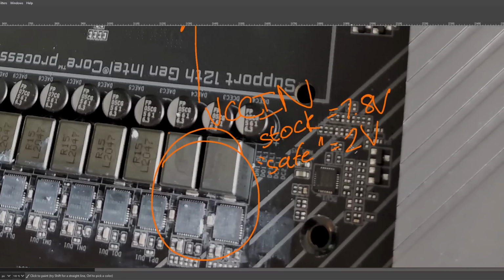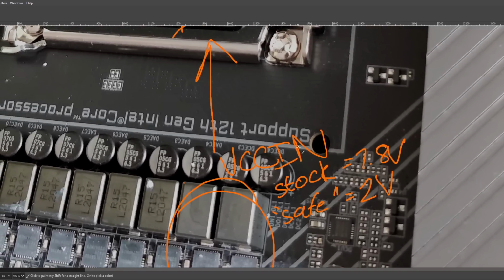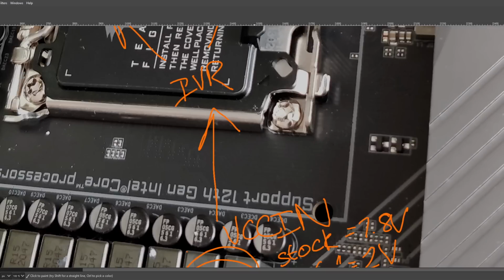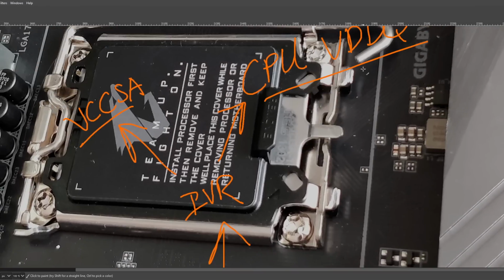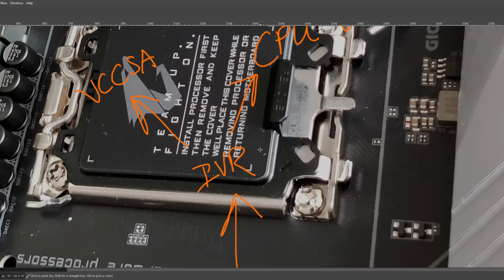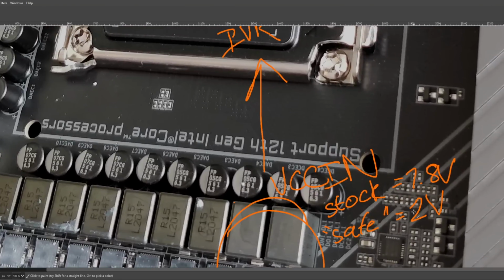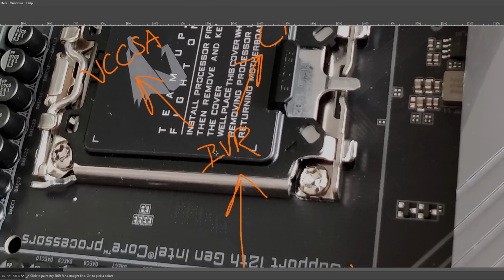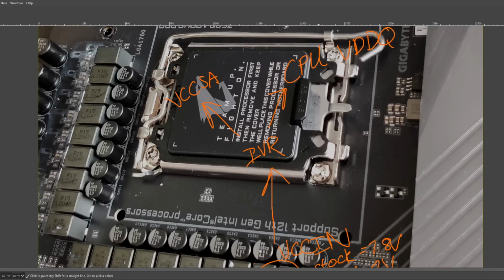And the thing is, you really shouldn't have to adjust the VCCN voltage like ever, because the only reason you would want to adjust the VCCN is if you're running one of these two voltages really high, as the integrated voltage regulator generally has an optimum voltage range in which it likes to operate. So the stock voltage of 1.8 volts, it's converting typically down to like VCCSA at stock is less than a volt. So, you have this big gap between the input voltage and the actual VCCSA rail.